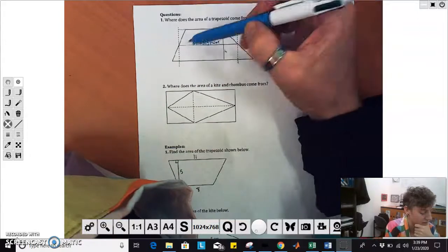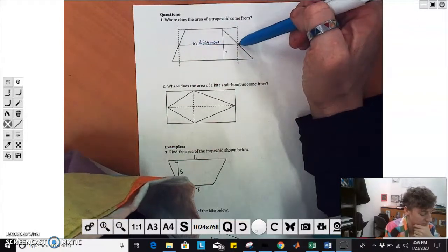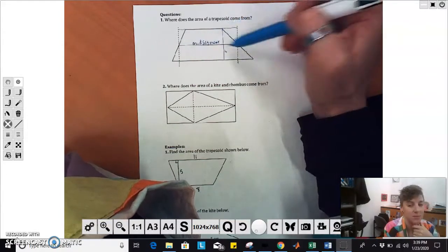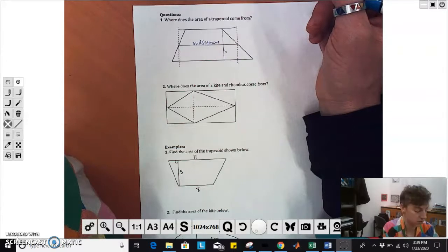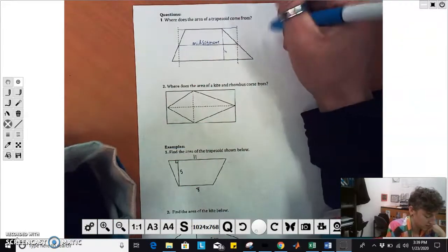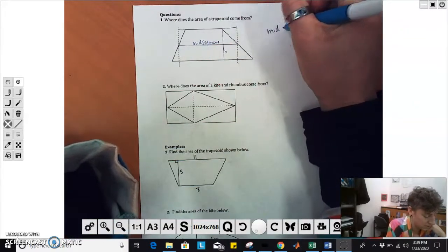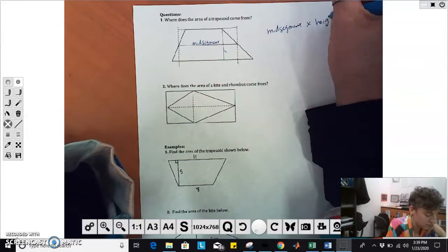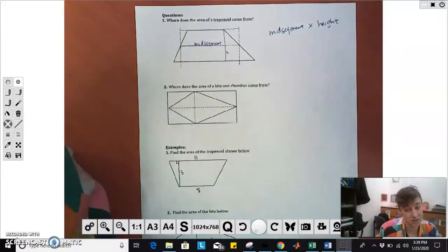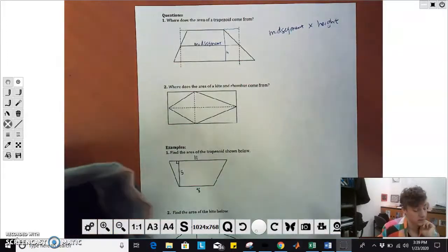So it's basically the mid-segment times the height, and the mid-segment is 1/2 of B1 plus B2. That's pretty clever. It's really very clever, actually.